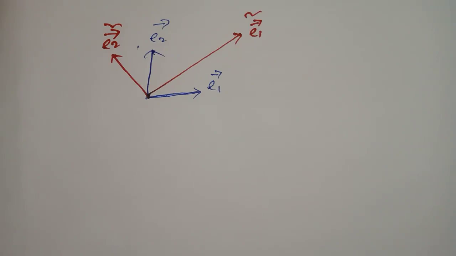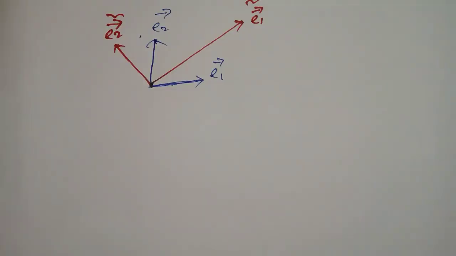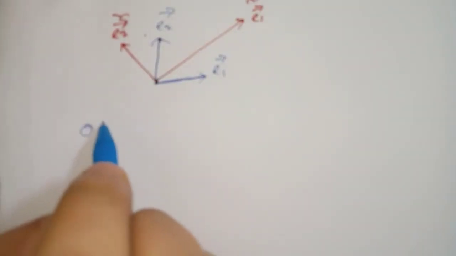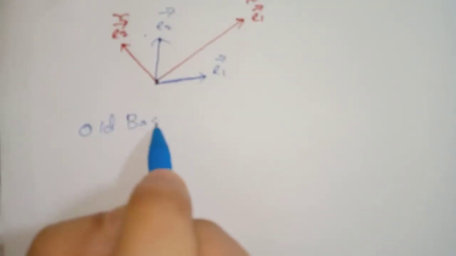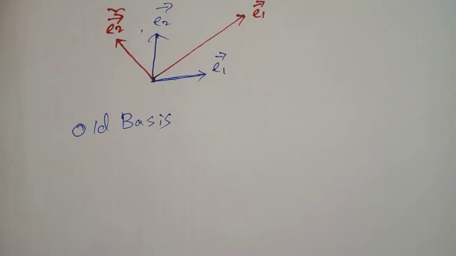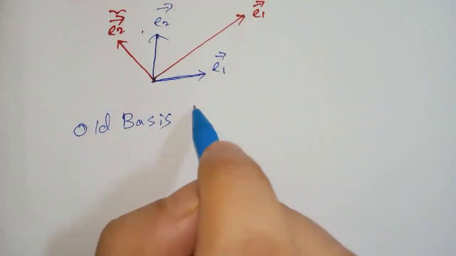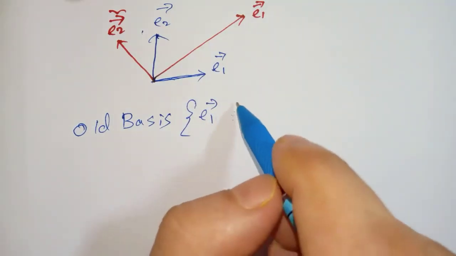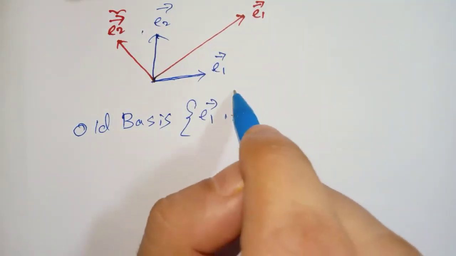So now what are we going to do? We are going to get a new basis vector from the old basis vectors. So this is the old basis. Say, we mention this as E1 and E2, E1 with an arrow, and then E2.